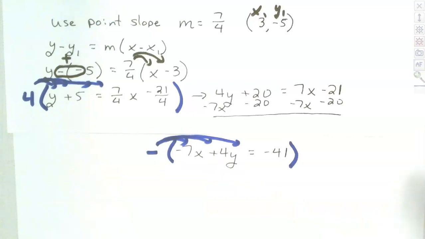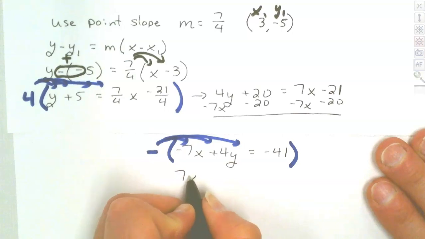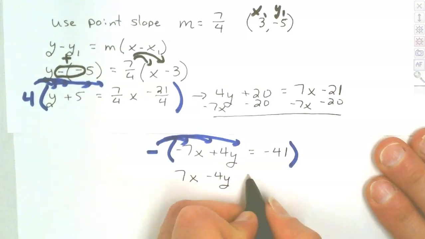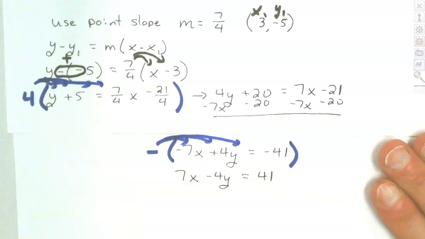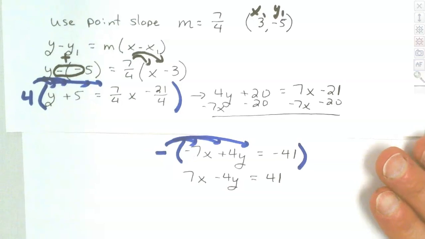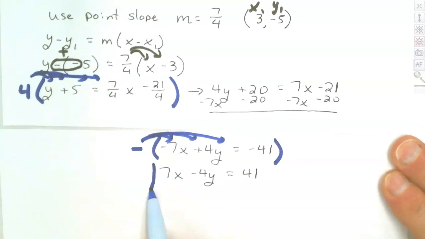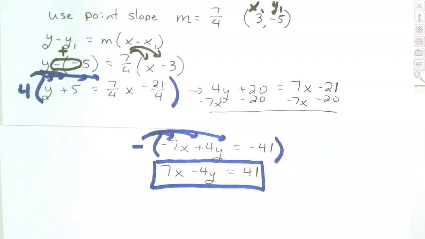And that leaves us then with positive 7x minus 4y equals now a positive 41. So there's our answer. Now in standard form. Let's use that flow chart.